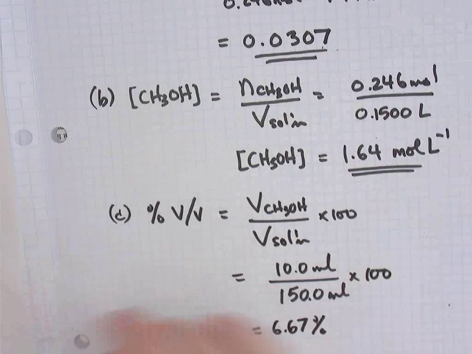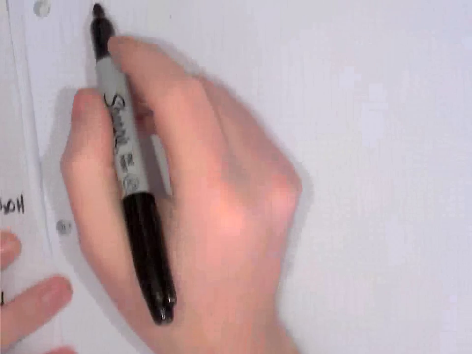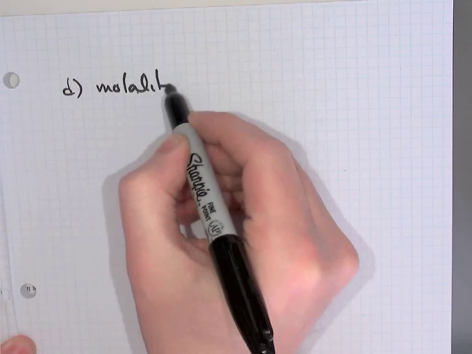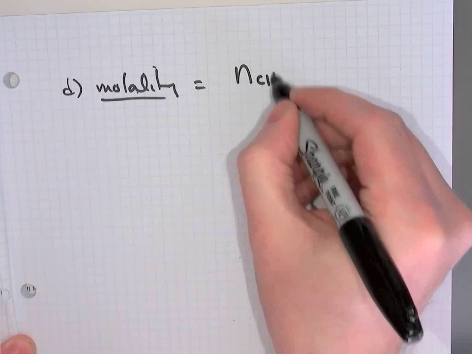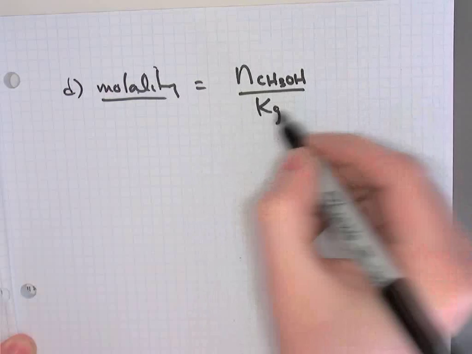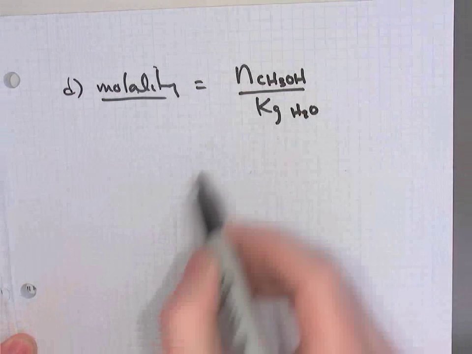And then our last one was to find the molality of the methanol in the solution. Molality's definition is the moles of your solute, so the moles of the methanol, divided by the kilograms of the solvent, or the kilograms of the water in this case.